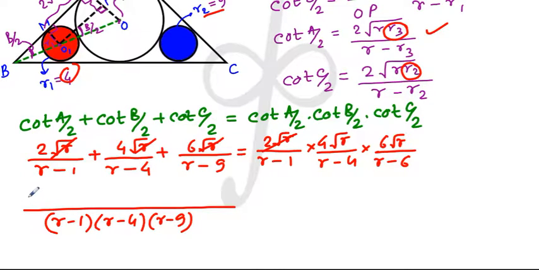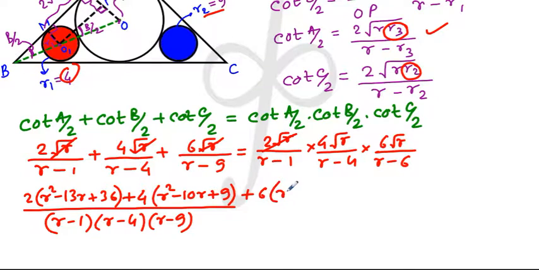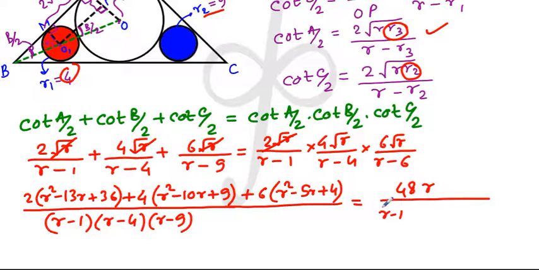So taking the LCM, the numerator will come out to be 2 into R squared minus 13R plus 36, multiplying the factor, and 4 into R squared minus 10R plus 9 plus 6 into R squared minus 5R plus 4. So this is going to the numerator, and on the other side we are getting the numerator as 48R divided by the same LCM as the LHS.